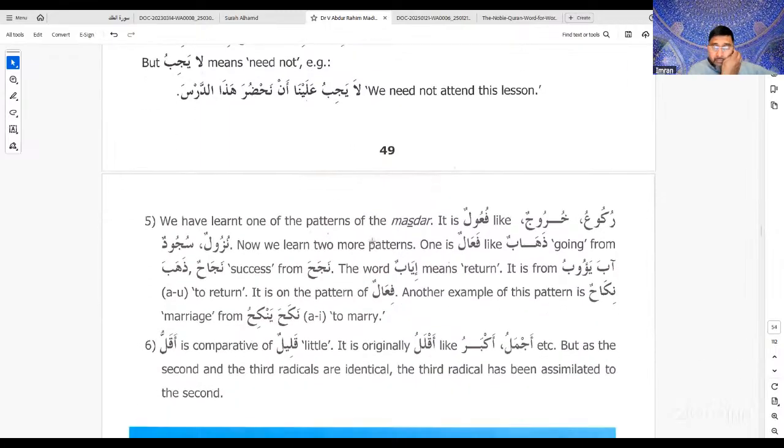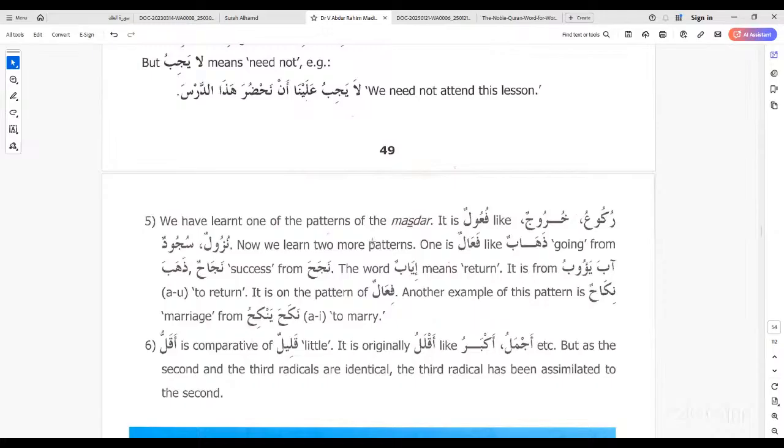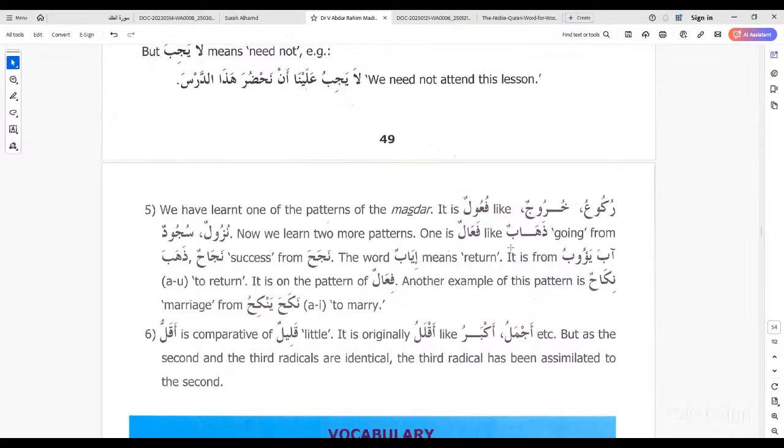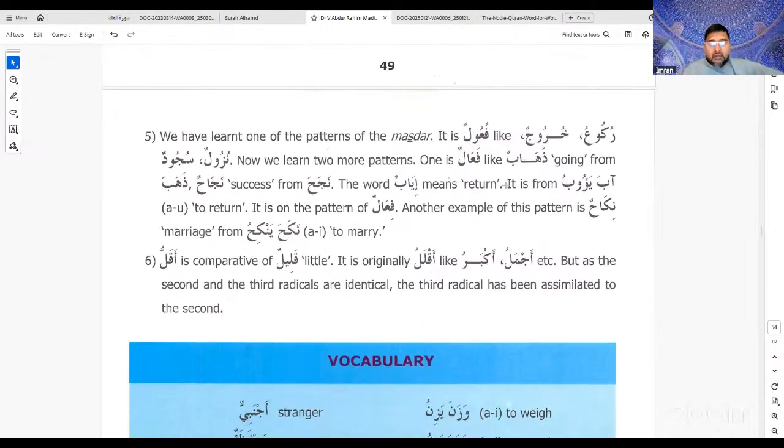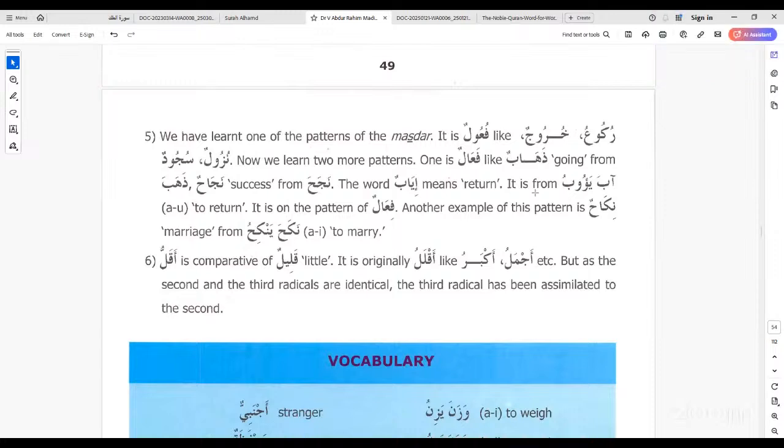Go ahead. Number 5. We have learnt one of the patterns of the masdar. It is fu'ulun, like khurujun, ruku'un, sujudun, nuzulun. Now we learn 2 more patterns. One is fa'alun, like zahabun, going, from zahaba, najahun, success, from najaha.